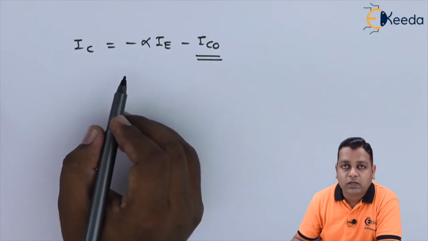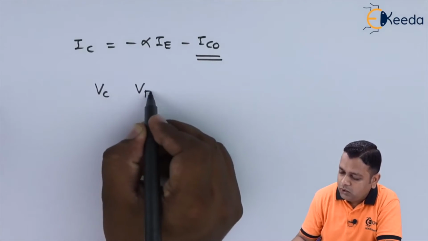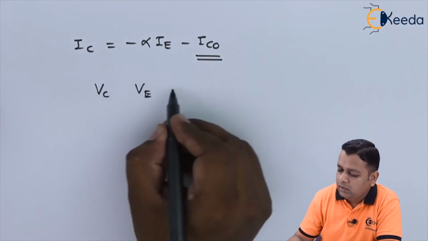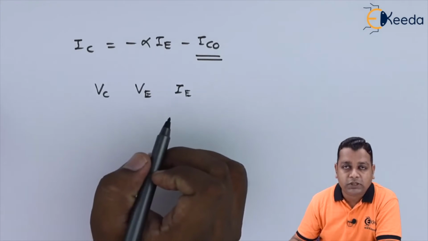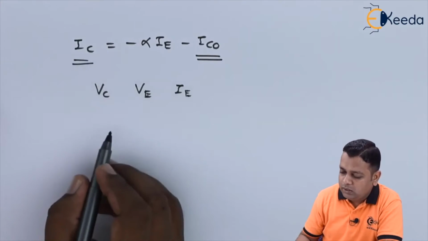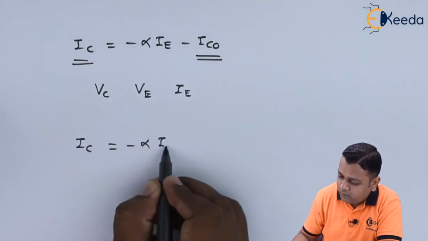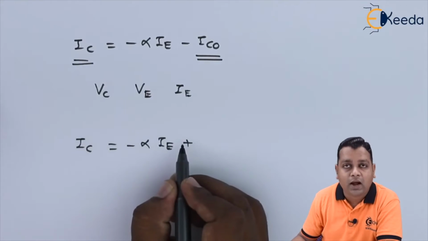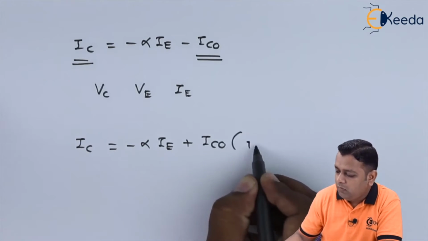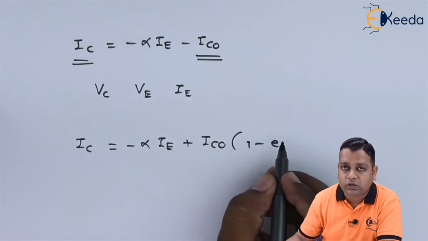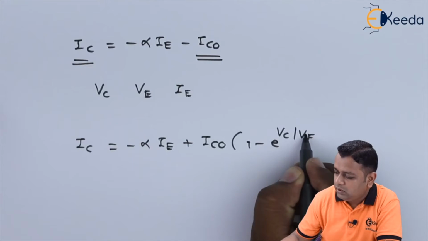And when we consider the application of the potential VC to the emitter and take the emitter current IE into consideration, the complete expression for the collector current can be given as IC equal to minus alpha times IE, added with ICO multiplied by 1 minus the exponential e to the power VC divided by VT here.